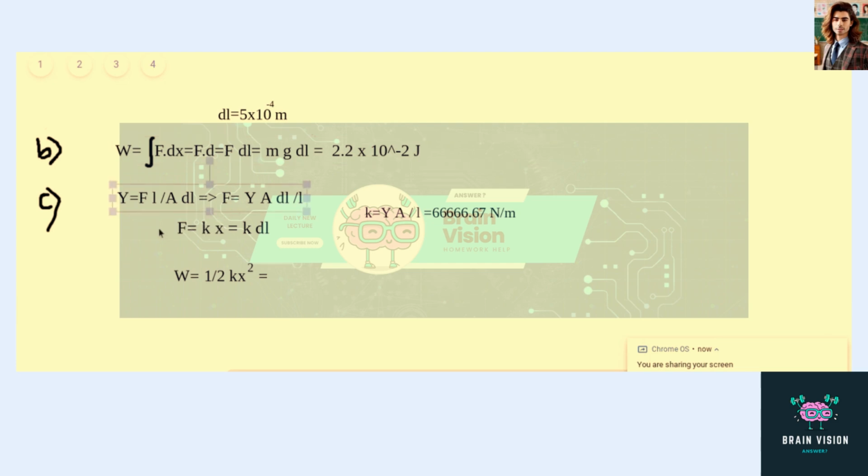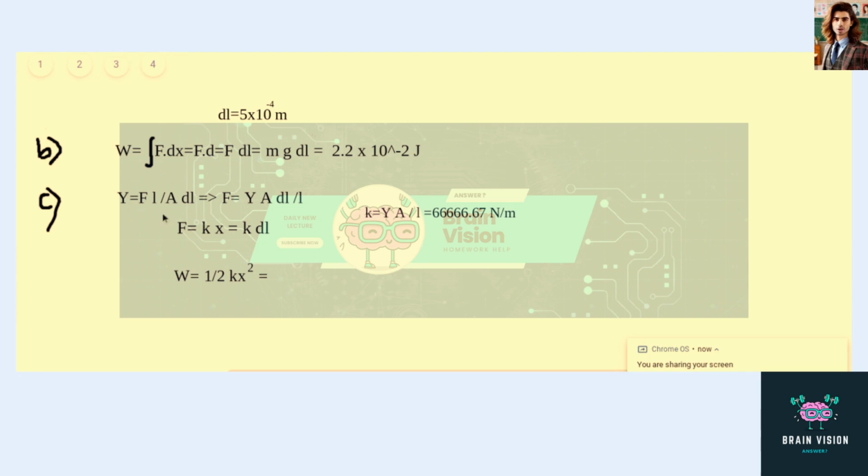The third question asks us to find the work done by the varying force that is being applied. To start with, I'll again use equation 11.10, which gives me my equation for Young's modulus as a function of stress and strain.